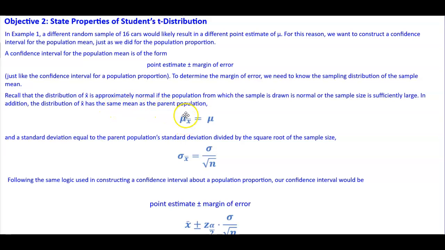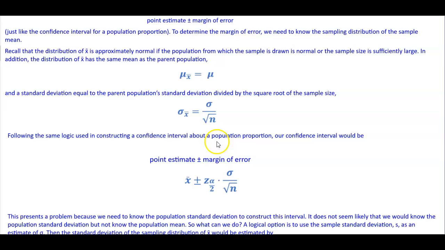So the mean of the sample means is equal to the population mean, and a standard deviation equal to the parent population standard deviation divided by the square root of the sample size. So the standard deviation of the sample means is equal to the population standard deviation divided by the square root of n, which is the sample size.